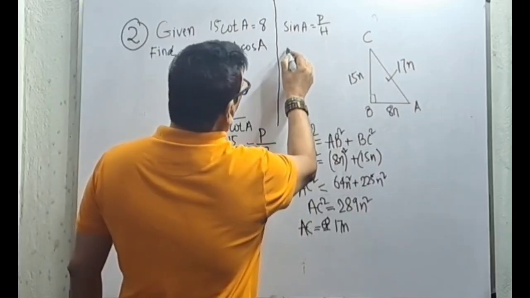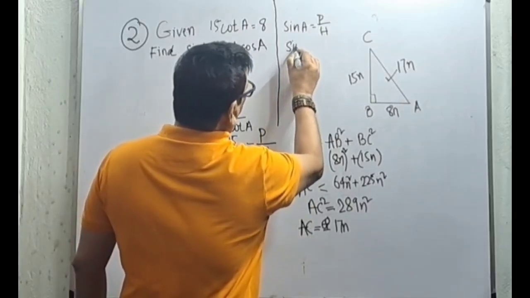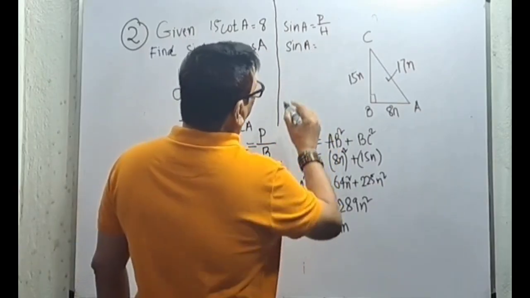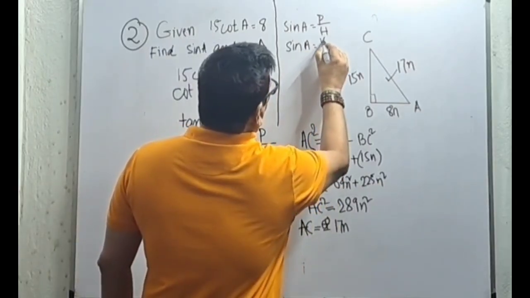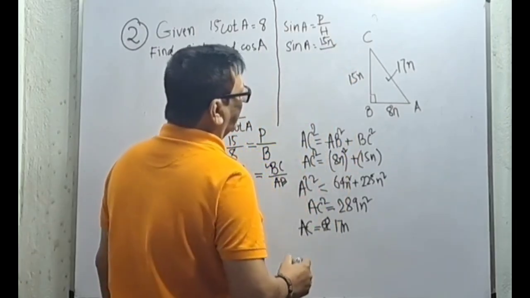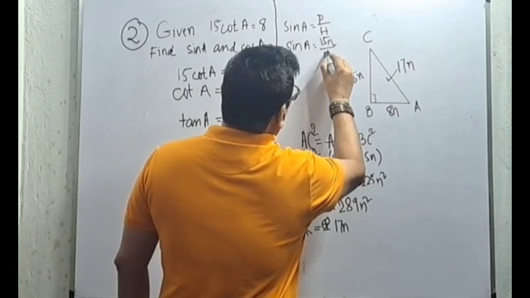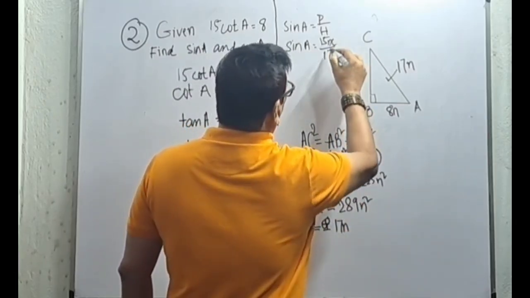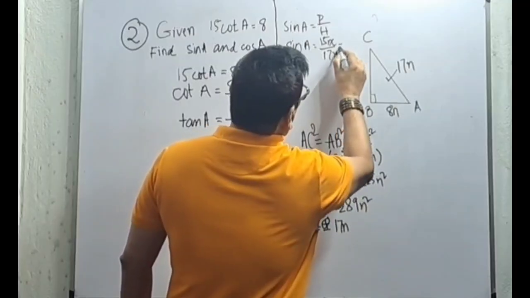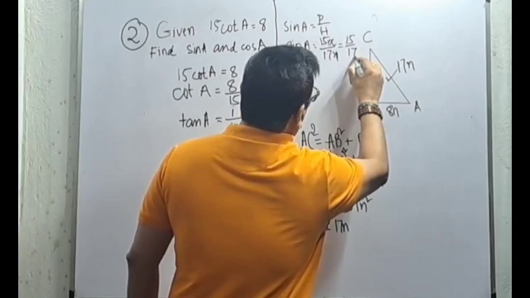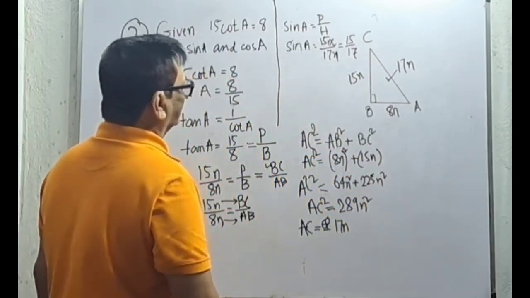That implies sine A is equal to 15n by 17n, right? n cancels out, it is equal to 15 by 17, right?